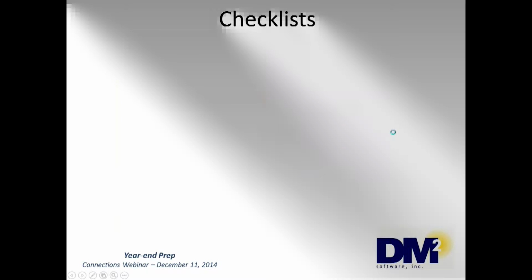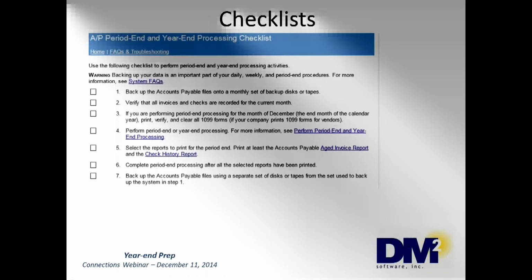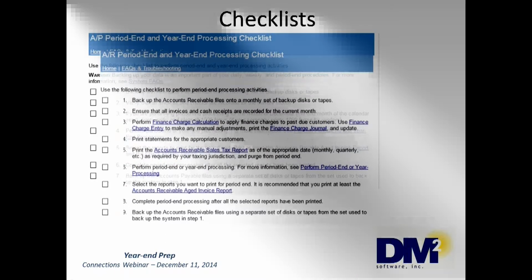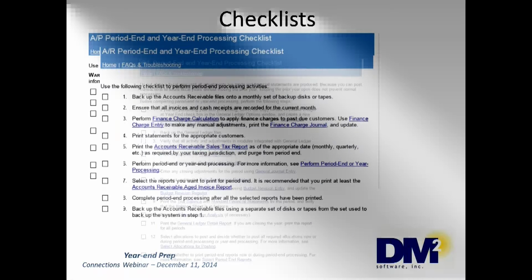Okay, so let's talk now about checklists. There are a number of checklists that you can get in the help files in your ERP system. Just by going to period end or going to the resources, you can find your checklist.